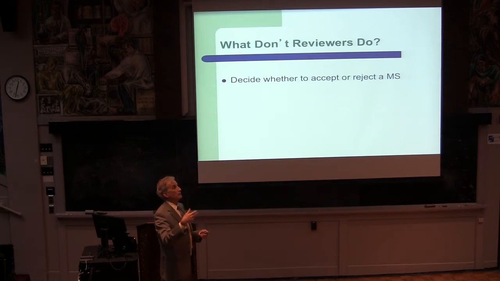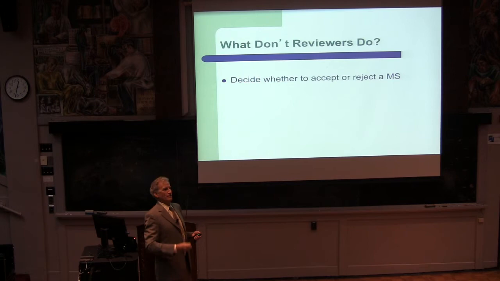So even many reviewers think that they're just making the decision about whether or not the manuscript is acceptable. But I will tell you, the better the journal, the less that's true. And in all the really good journals, the final decisions are made entirely by the editors and the editorial board.